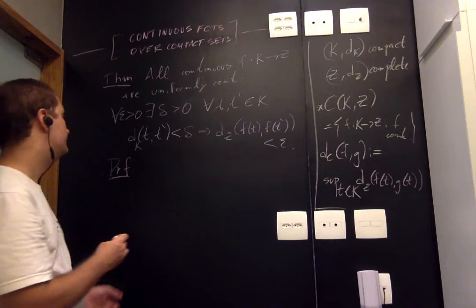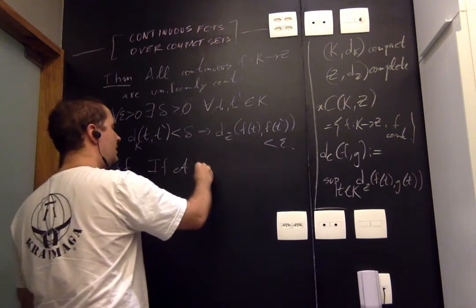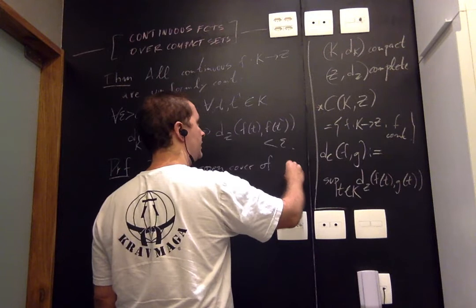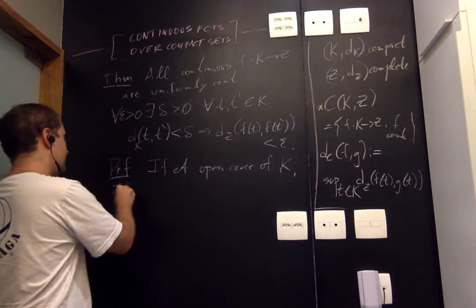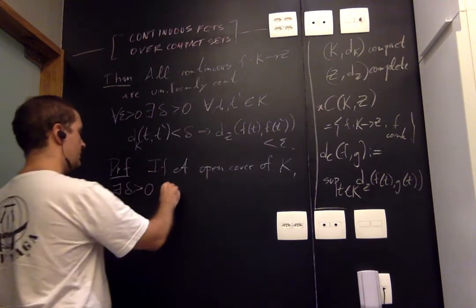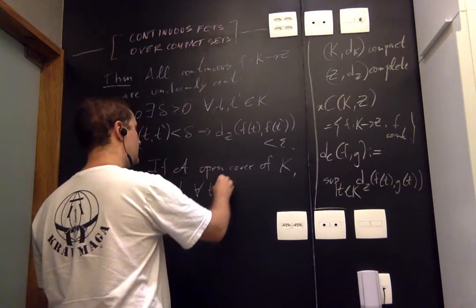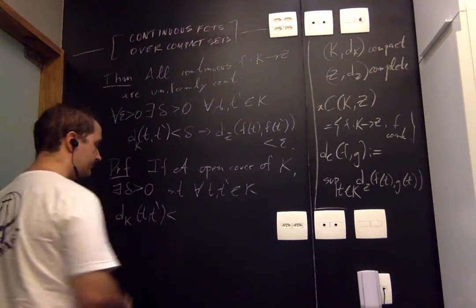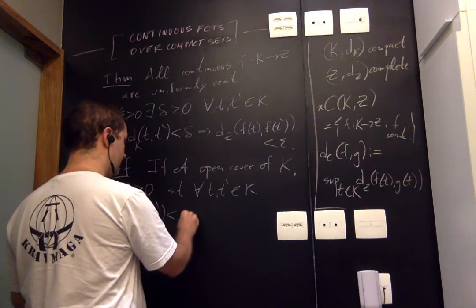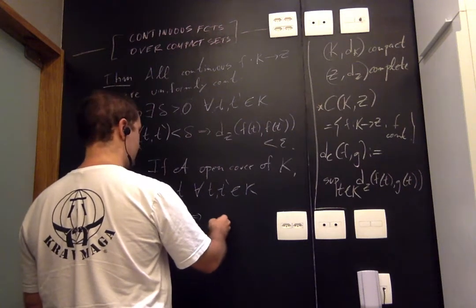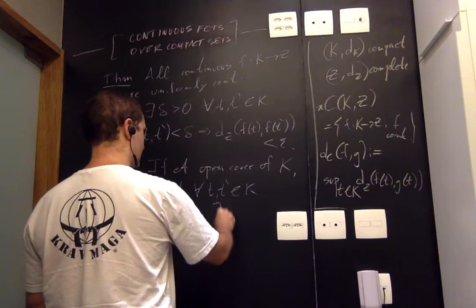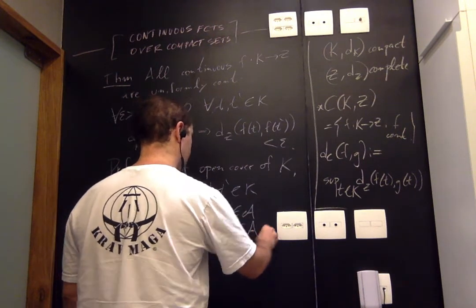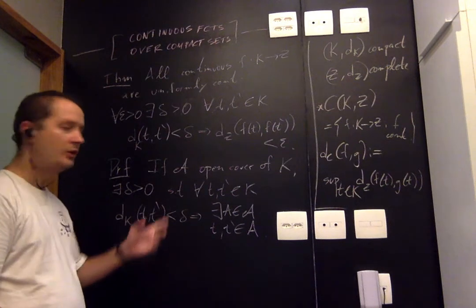So if A is an open cover of K, there exists a delta such that for all t and t prime in K, if the distance between these is less than delta, then they both belong to the same set in the cover. So this delta is called the Lebesgue number for the open cover.